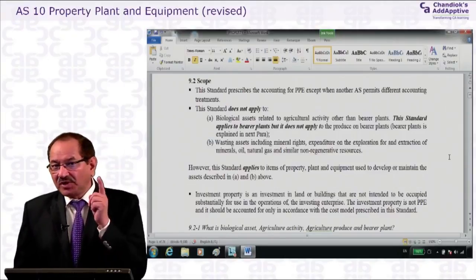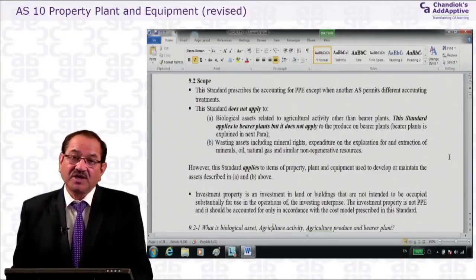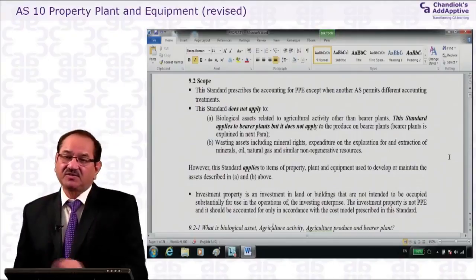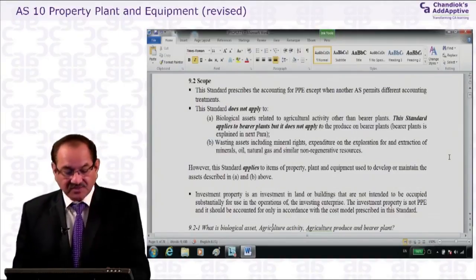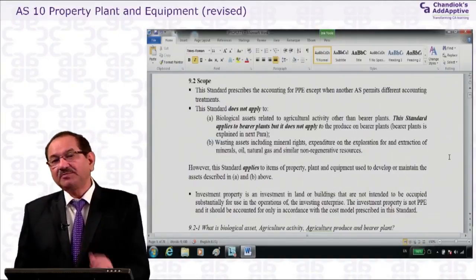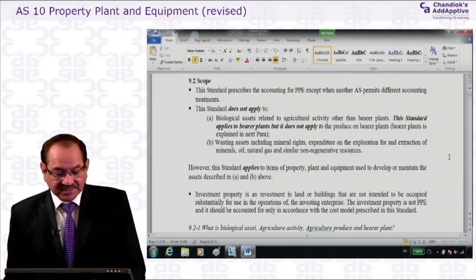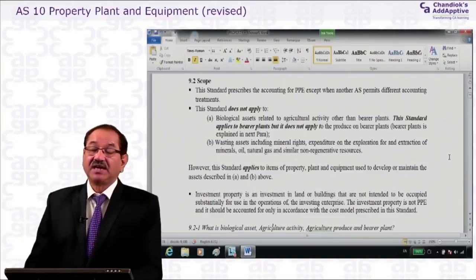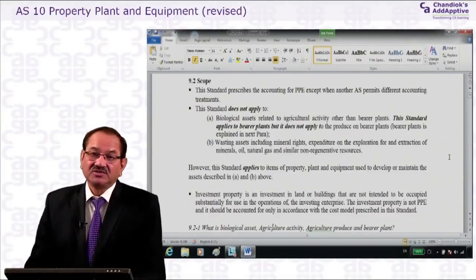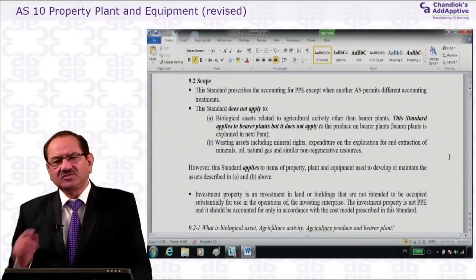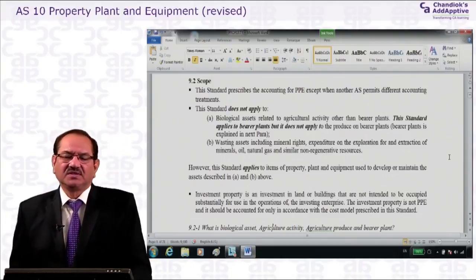And therefore, when we are talking about property, plant and equipment, it does not apply to wasting assets, including mineral rights, expenditure on the exploration and extraction of mineral oils, natural gas and non-regenerative resources. The earlier fixed assets standard also did not apply to these.